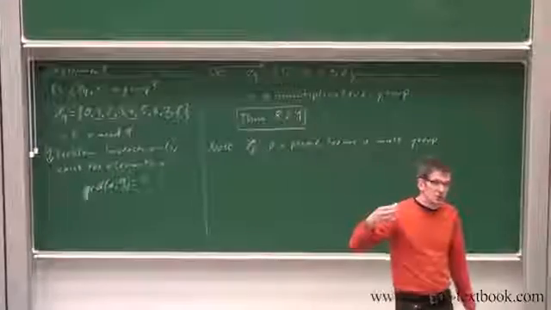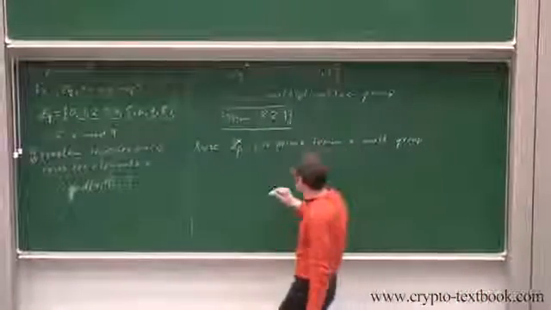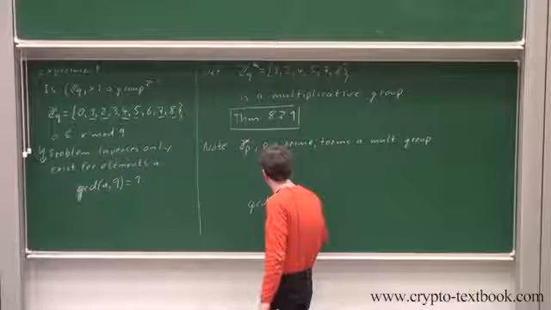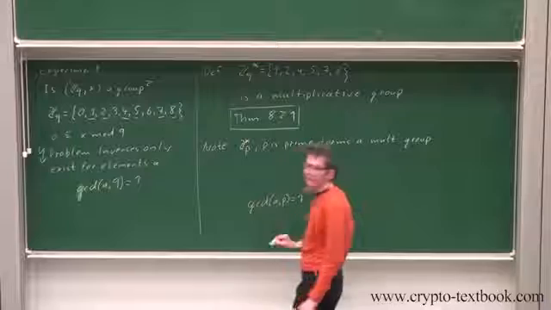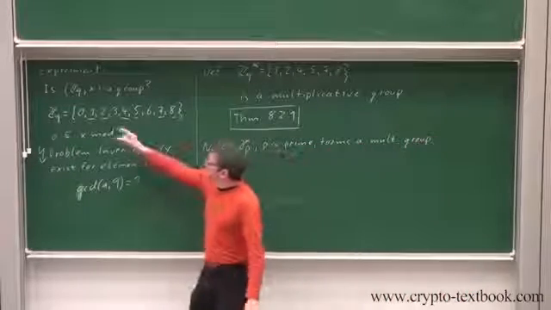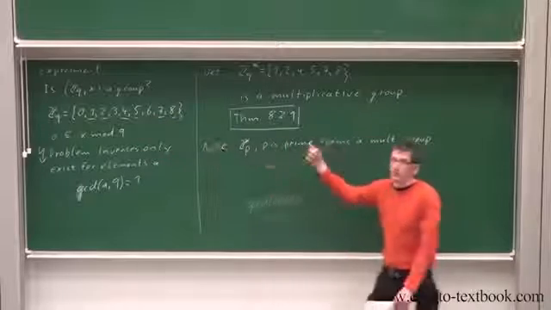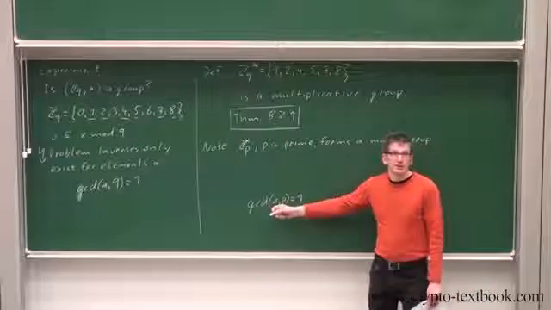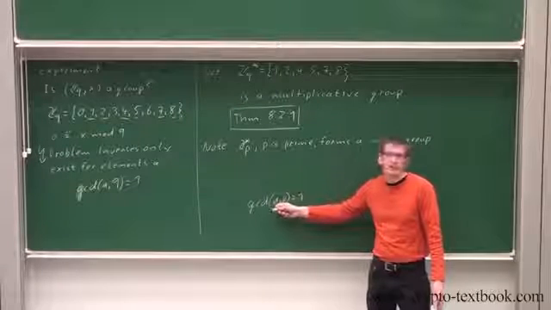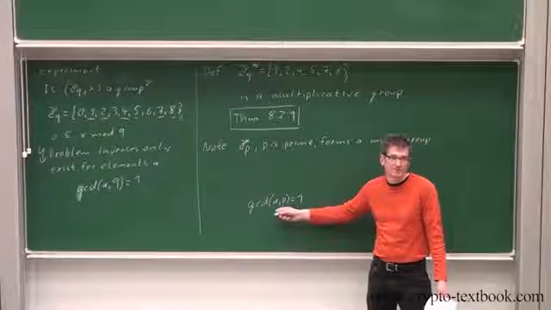The question is, if you do so, now we're talking about groups with the elements 0, 1, 2, 3, and so on, up to p minus 1, P being prime. And now what you're checking for is GCD of A and P, whether they're relatively prime.